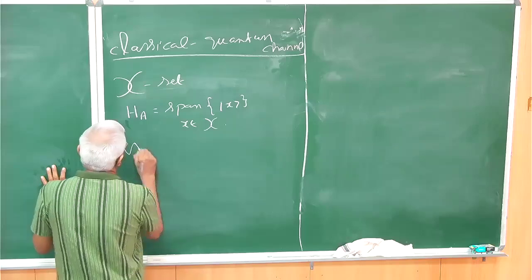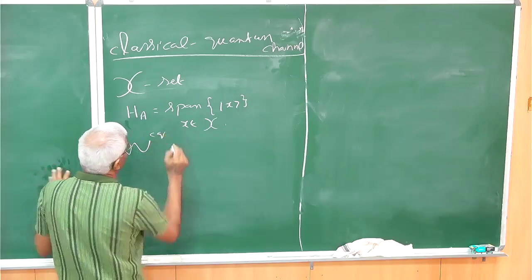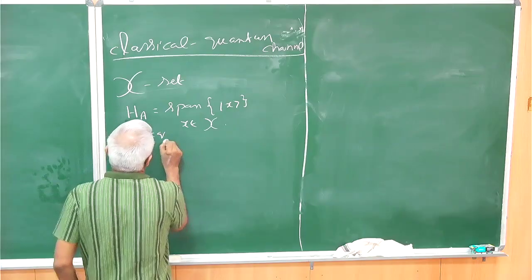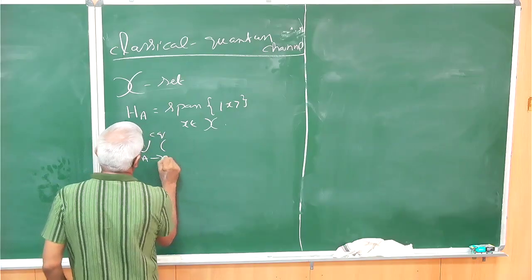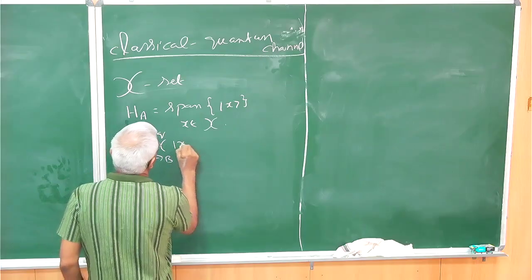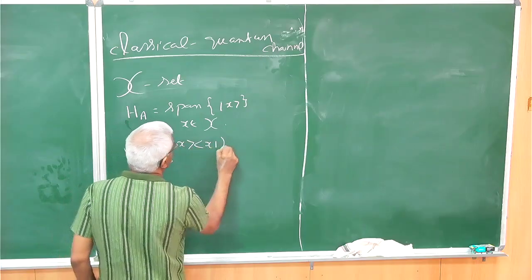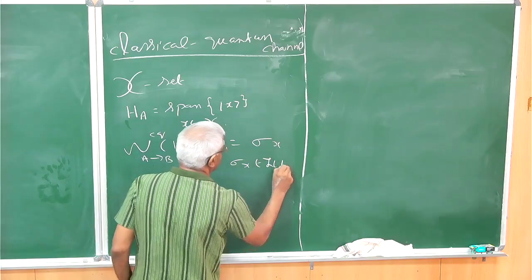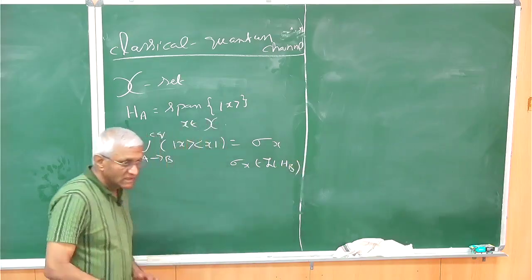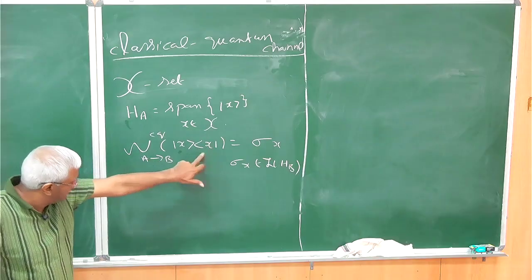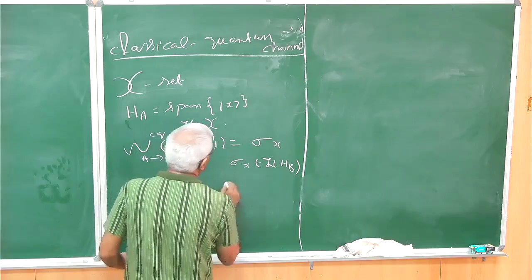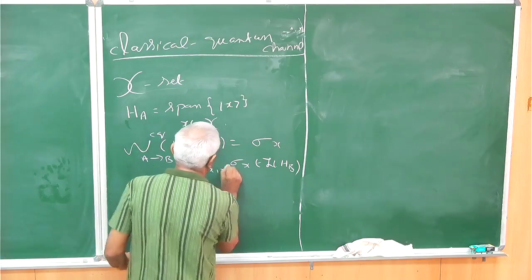So the classical to quantum channel N from A to B, of any |x><x|, we just want this equal to some sigma_x, where sigma_x is in L of HB. So it takes this to this. Or you can take delta_x and x prime.